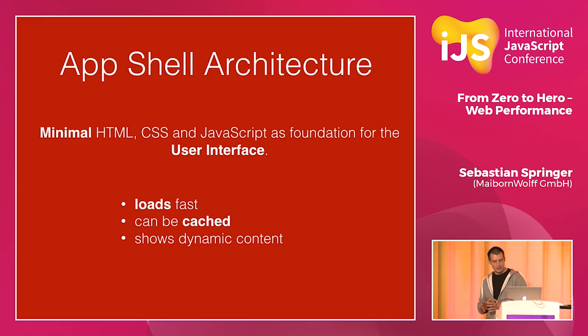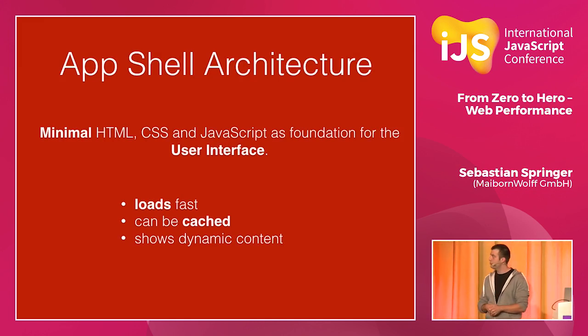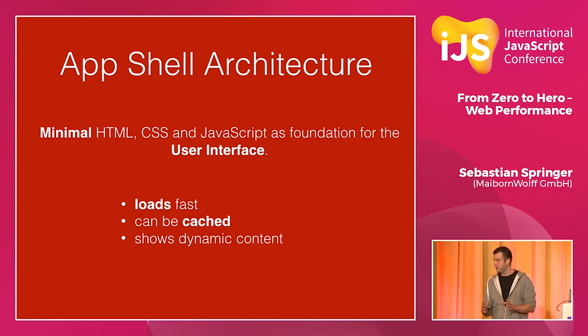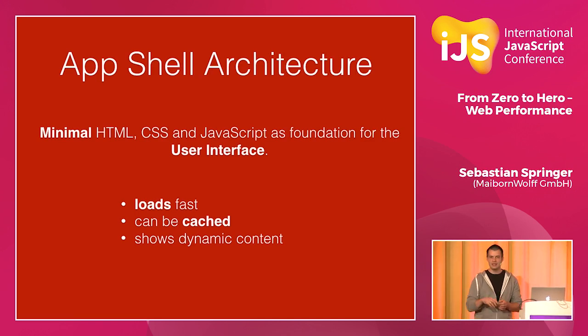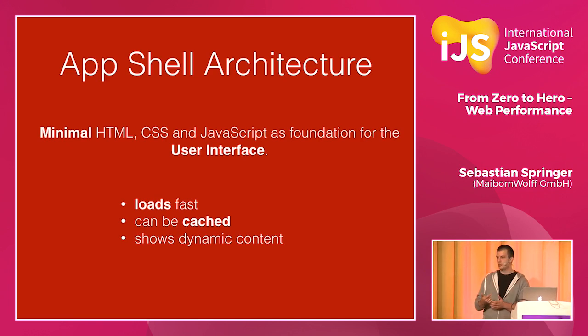Google introduced an architecture which is known as the app shell architecture, which is simply the frame of an application with static content, and that loads fast, displays the user something to interact with, that could be cached, and all the dynamic content will be put in that application frame.